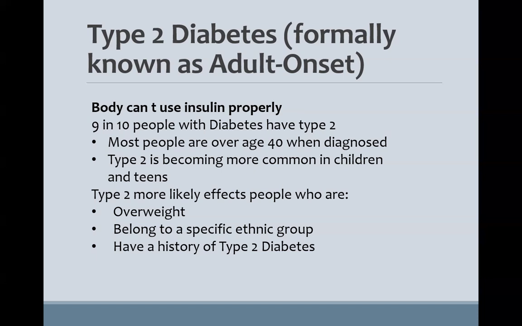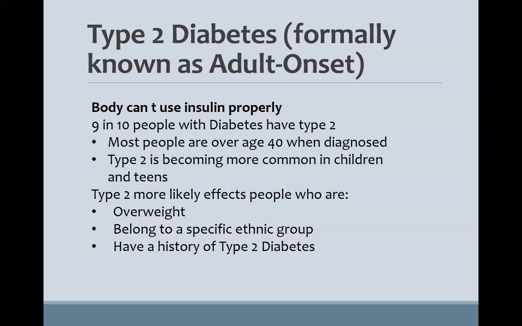So, okay, I'm going to start with type 2 diabetes. This is when the body cannot use insulin properly. Typically we see this in older people over the age of 40, but it's far more common nowadays for children to be diagnosed. A lot of the time it is a lifestyle-connected condition, and people can reverse type 2 diabetes with some lifestyle changes.